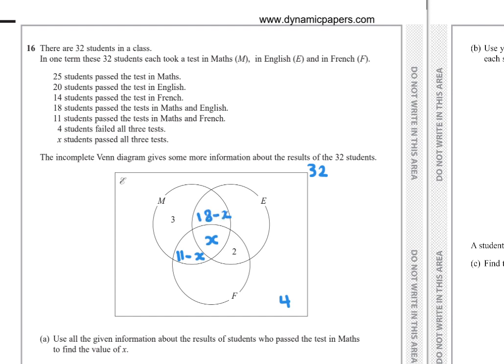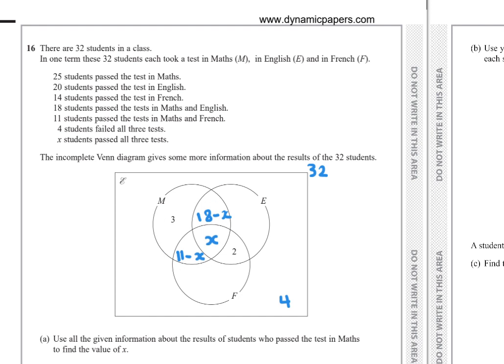Now we can find X because for the region M, we have all the numbers in all regions: 18 minus x, 11 minus x, x, and 3. And we know that the sum of the students in math is 25. So equate this to 25 to get x.